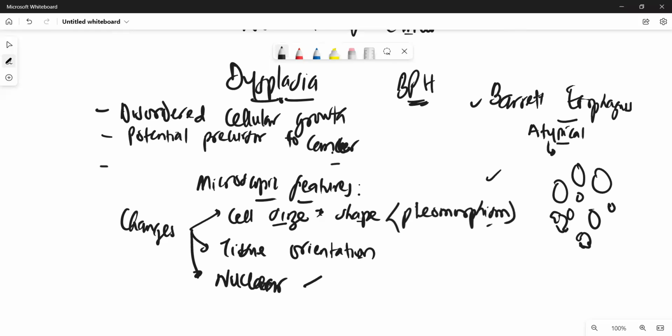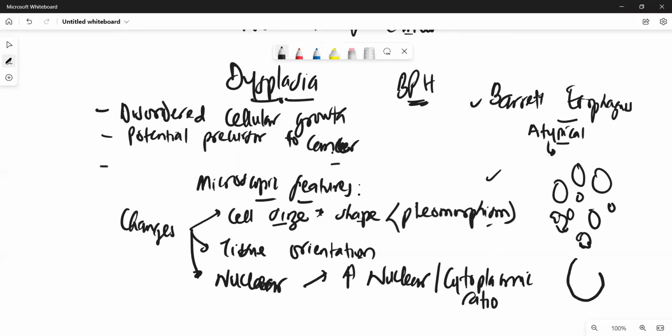The nuclear changes, one is an increase in the nuclear to cytoplasmic ratio. So normally when you look at the cell and you look at the nucleus, if this is the nucleus, then this would be the cytoplasm, right? So when you compare them, the cytoplasm should be bigger than the nucleus.